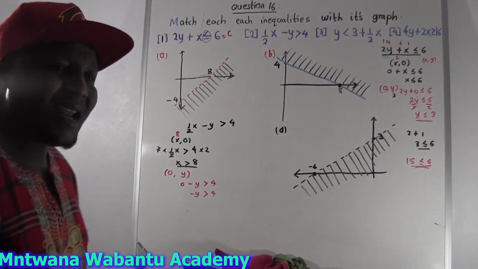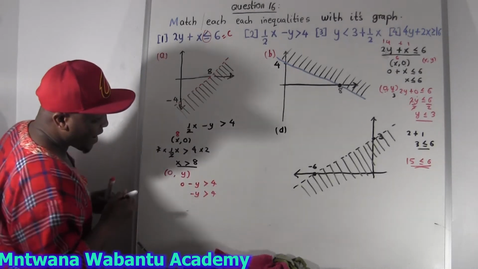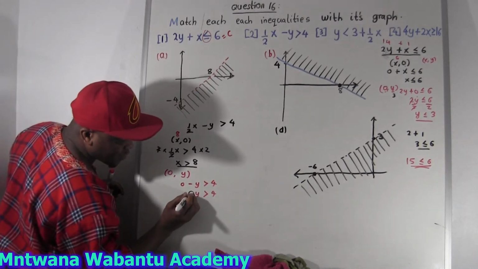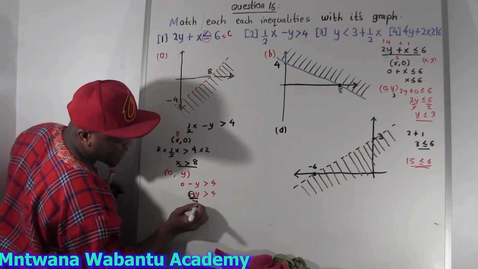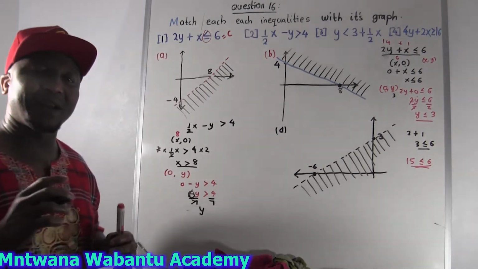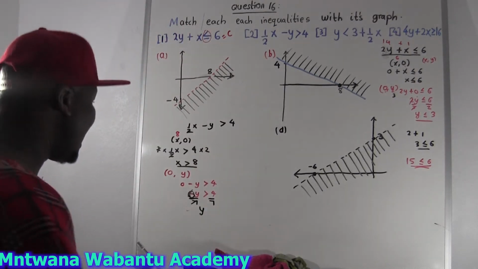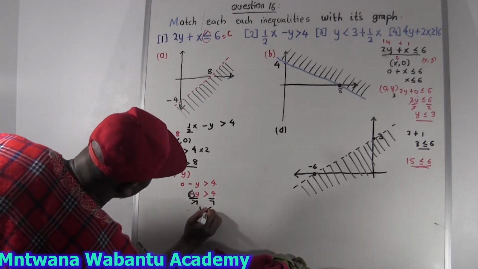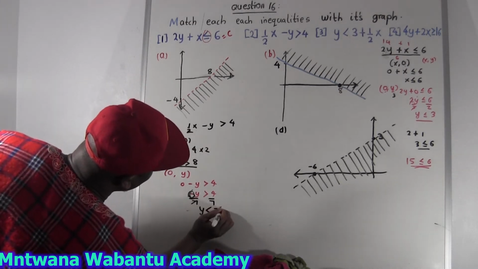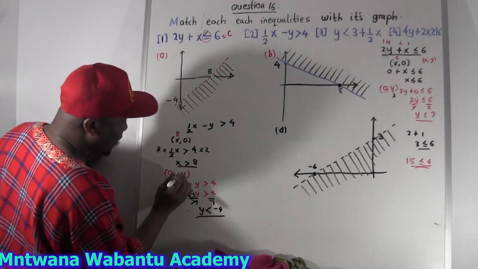But in inequality, because we want to get the value of y, we don't need this negative. This is like negative 1, so I have to divide by negative 1 throughout. Whenever you divide by a negative, the direction of the inequality changes. Here it is greater, so it becomes less than 4 divided by negative 1, which is negative 4. So the y-intercept equals negative 4.